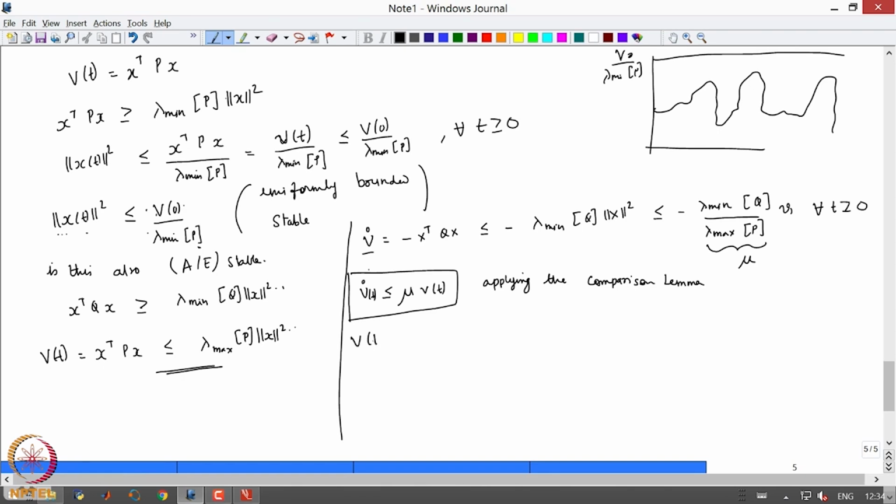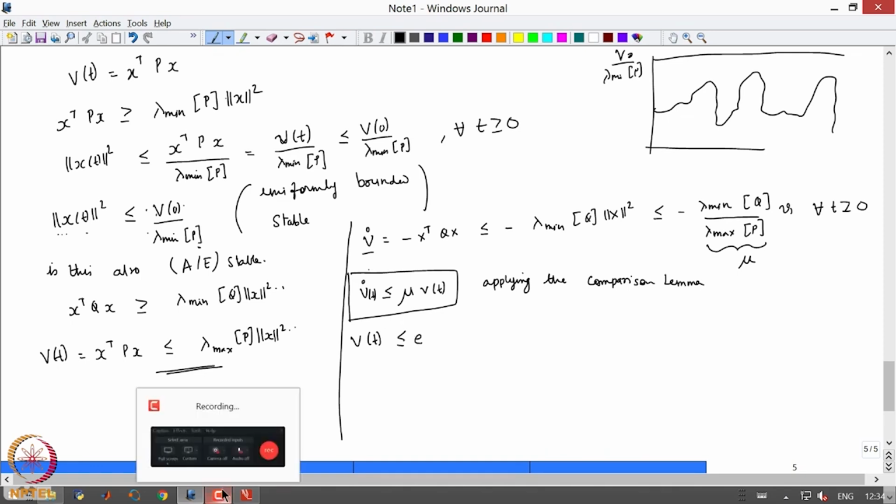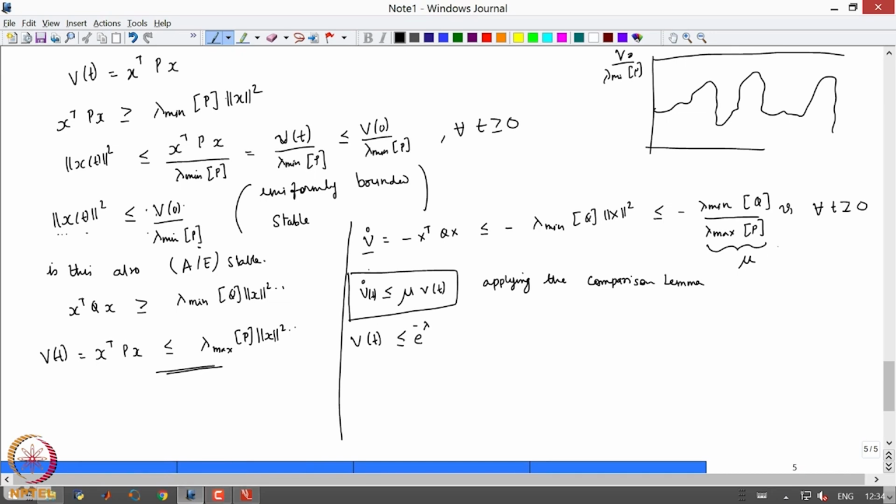V of t is less than or equal to e power minus lambda t times V of 0, where for simplicity t naught is just 0, for all times t greater than or equal to 0.